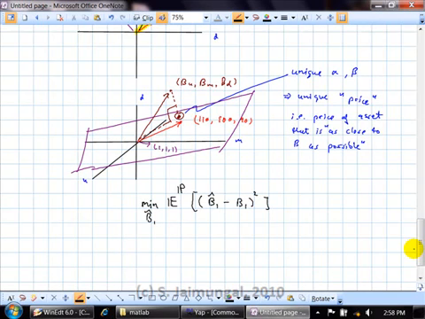What's a reasonable principle? Here's one. Find a portfolio that's as close as possible to B that I can get to by trading in my traded assets. Find a portfolio that gets me there in the closest possible way in the L2 sense, in the square sense, and value that claim, and say the value of B actually is the value of B hat.